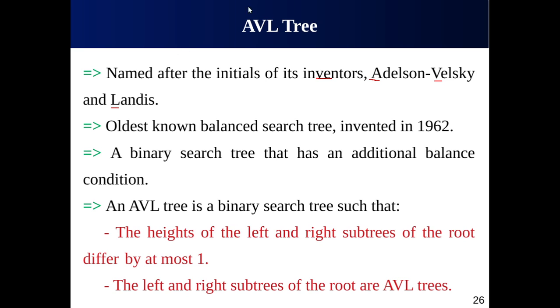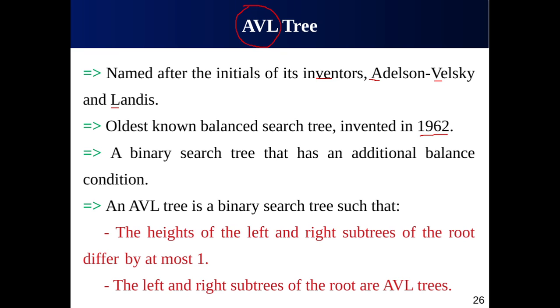This AVL tree is the oldest known balanced search tree because it was invented in 1962. Sometimes it is also known as height balance tree. And this was the first balanced binary search tree which was invented.